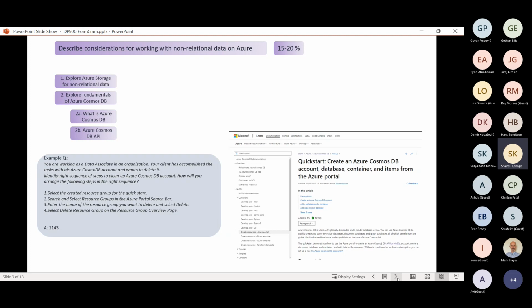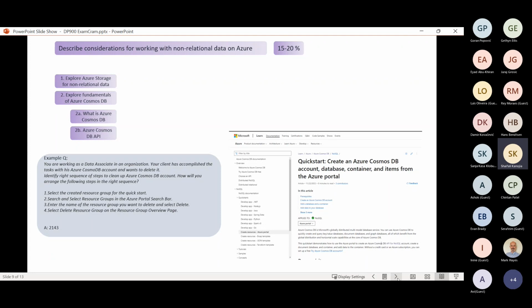You have to identify the right sequence of steps to clean up the Azure Cosmos DB account. They have given you four steps and you need to put them in the right order. Of course the answer is visible here, but how are you going to answer this question?